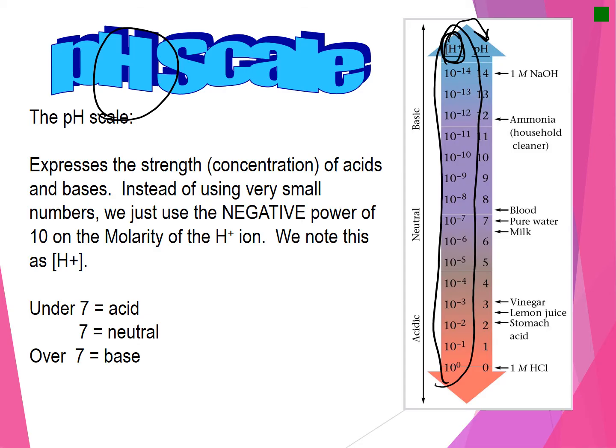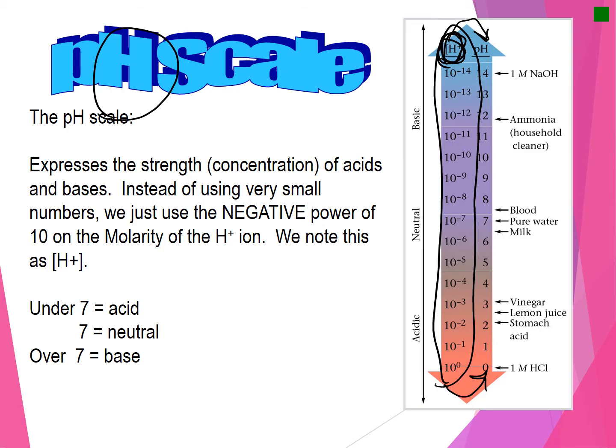Sometimes you can have a little bit of a negative. It doesn't go past -1 that I know of, but generally speaking, it's like a 1 to 14 or a 0 to 14 scale. And what it does is it just converts the concentration of how many H pluses, so hydronium ions you have in solution, into a numeric scale. And we'll talk about how to do that calculation-wise in another video.